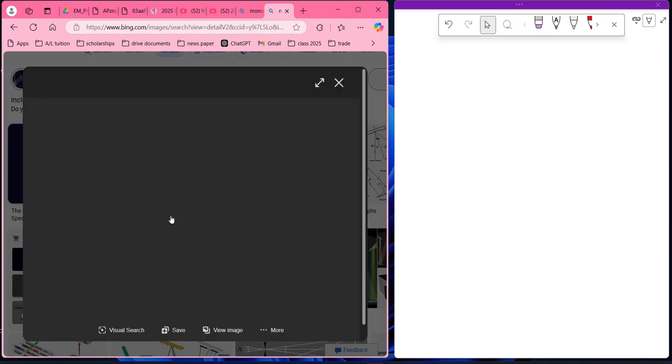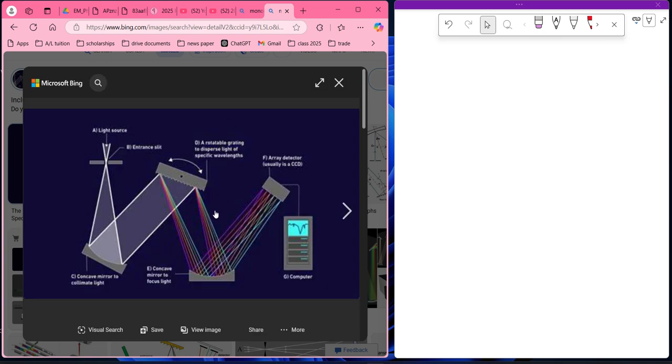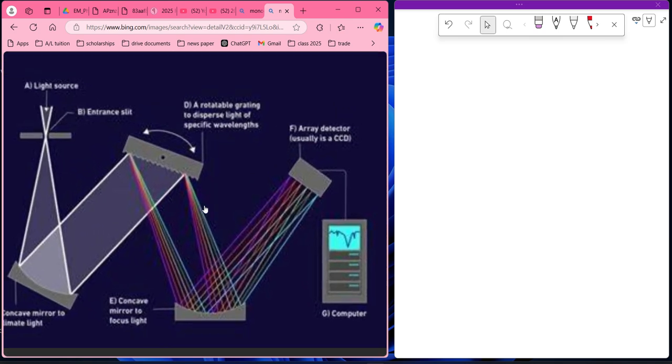So this is the light source, and you have placed a concave mirror for the reflection of light, and then a concave mirror to focus the beam of light, and then there is an array detector, and these signals are passed on to a computer, and the visual observations of the experiment can be concluded.